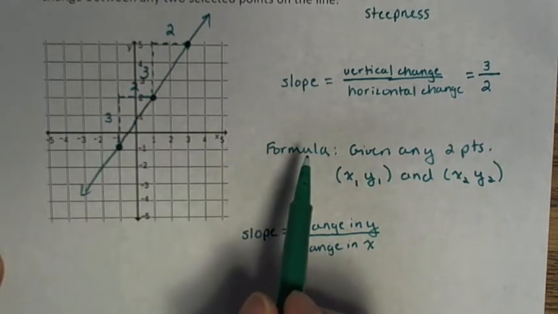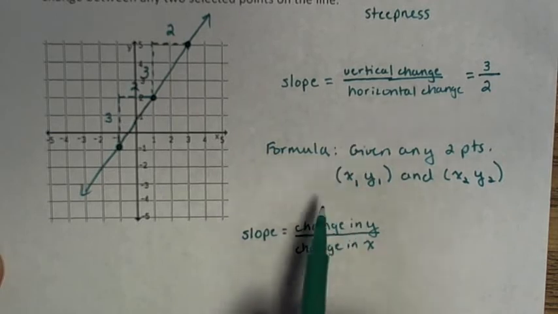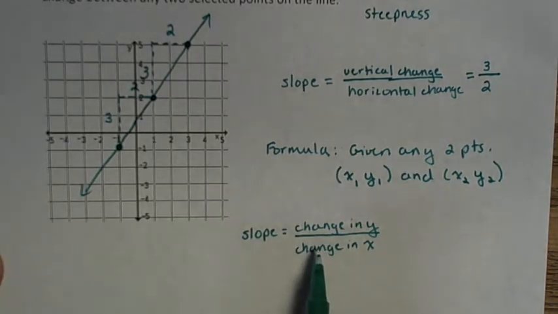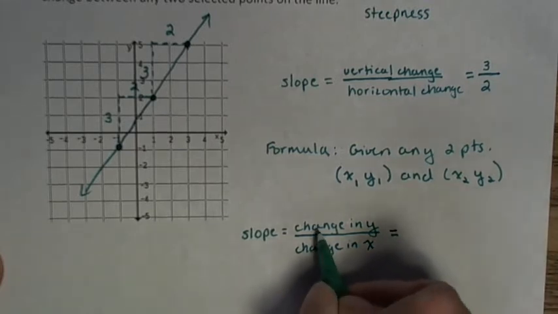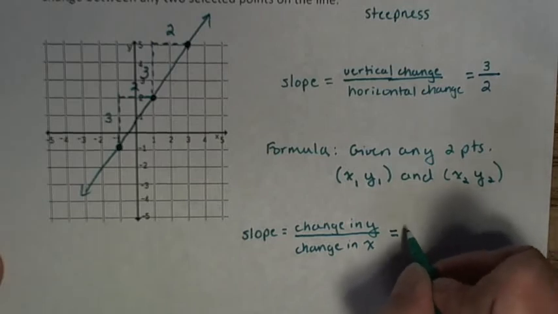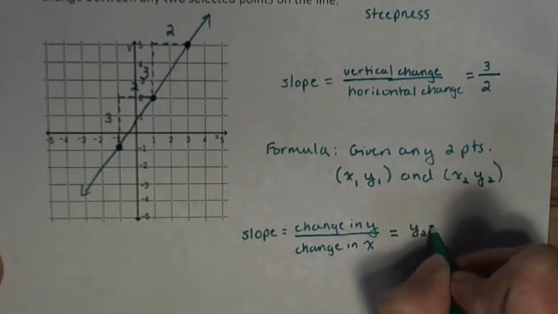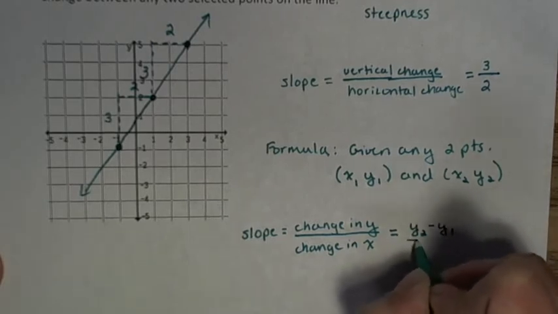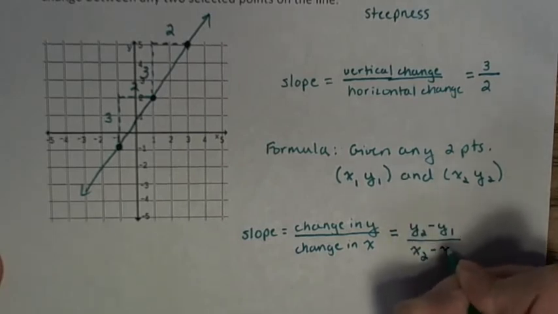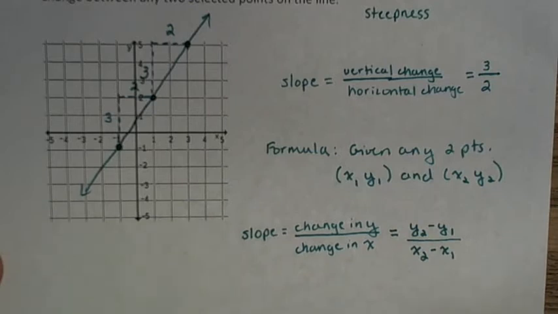So our vertical change and horizontal change we can also think of as a change in y and a change in x. And when we do that, that change is really a difference in those coordinates. So we can write it as y sub 2 minus y sub 1 divided by x sub 2 minus x sub 1.